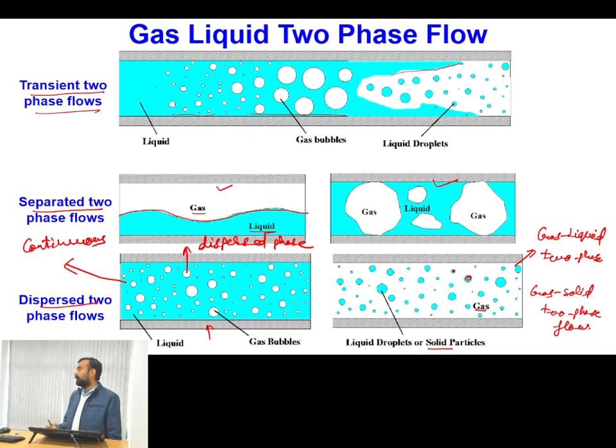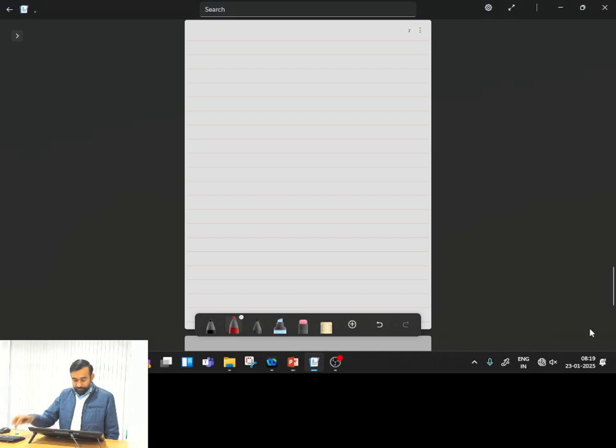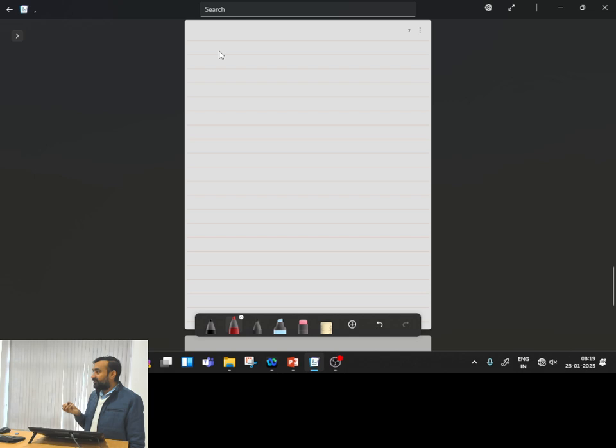Is this point clear? So what I want to tell is that from this example, we have come to know one more categorization of two-phase flows. And what is that categorization? First I have given the name gas liquid. Okay. Second name I have given gas solid.